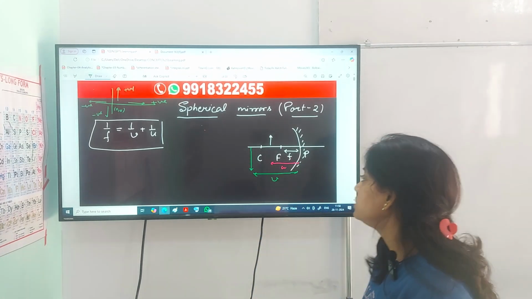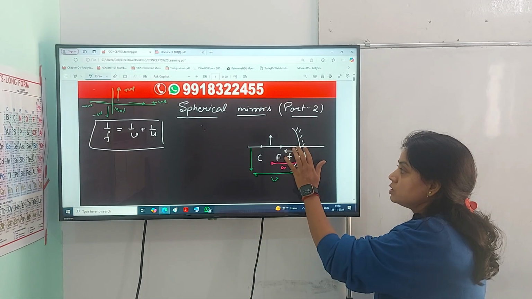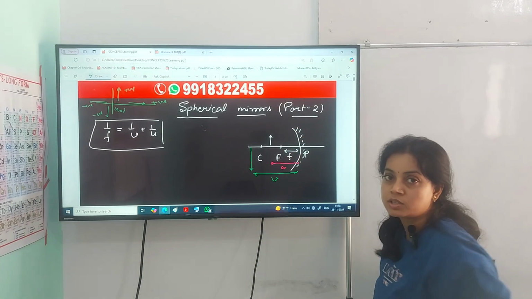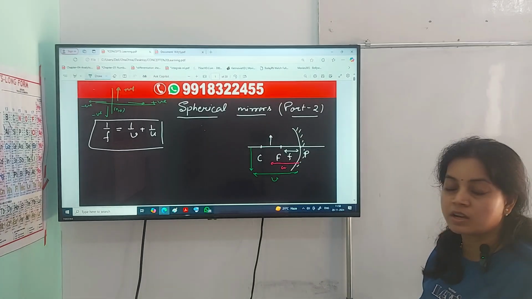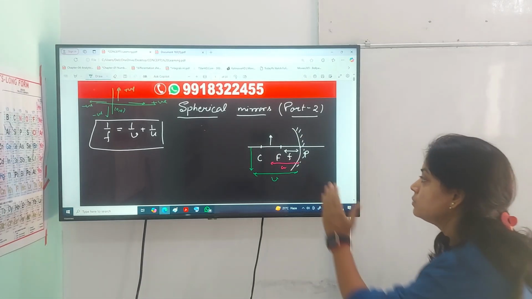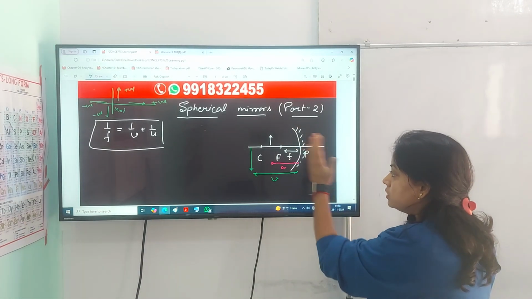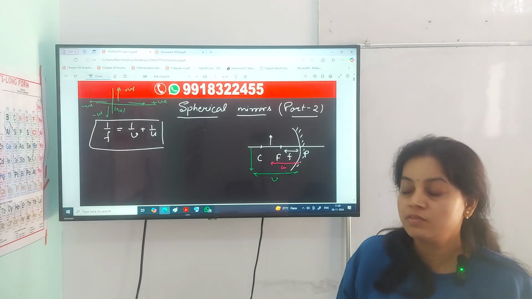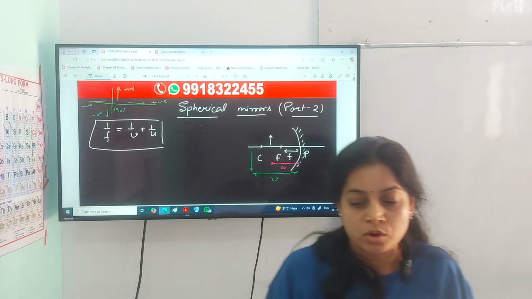Similarly, we will treat the pole as an origin. So all distances we take above the principal axis will be positive, and below the principal axis values will be negative. Similarly, the left side will be taken as negative, and this side will be taken as positive.